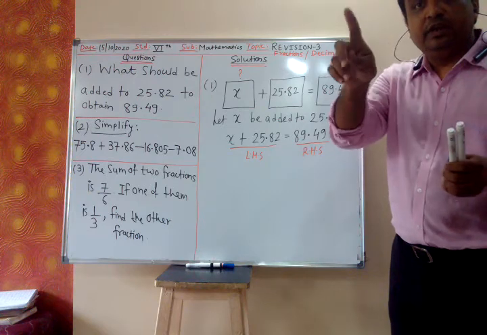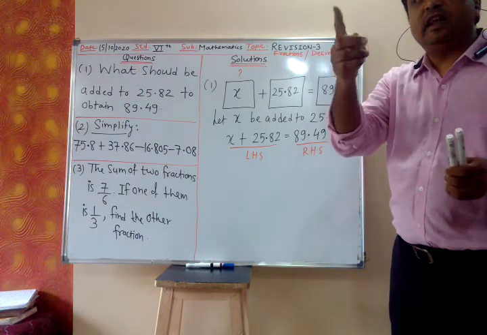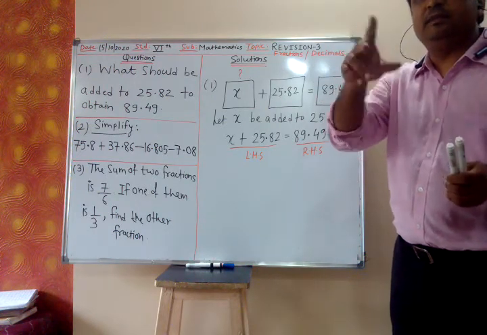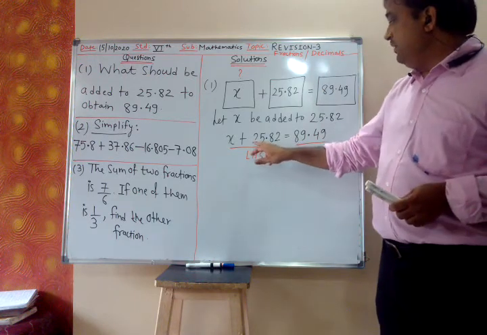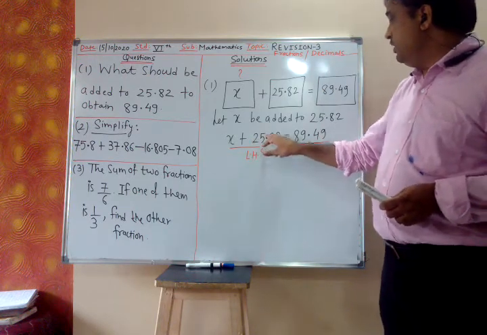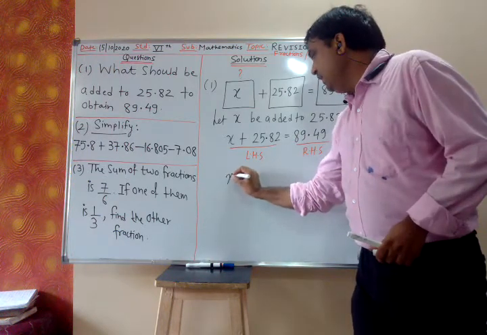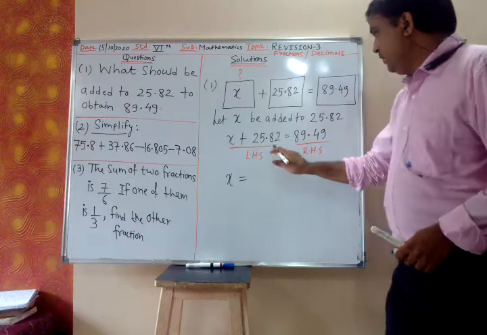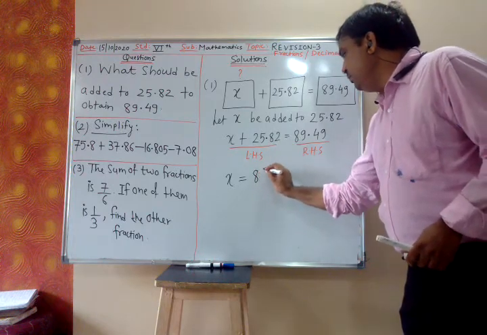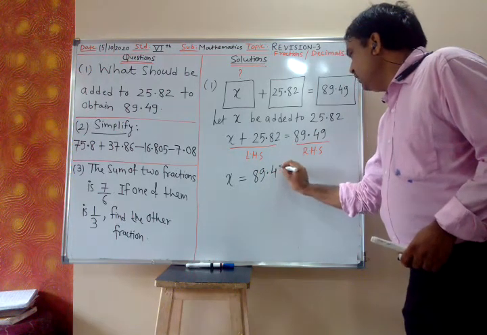Whenever you change the side of the number, the sign changes. Plus becomes minus, minus becomes plus. So now I will take 25.82 on the other side. So you will get X is equal to 89.49.